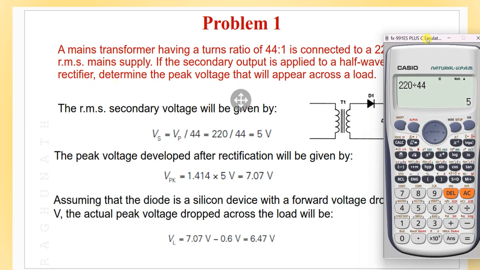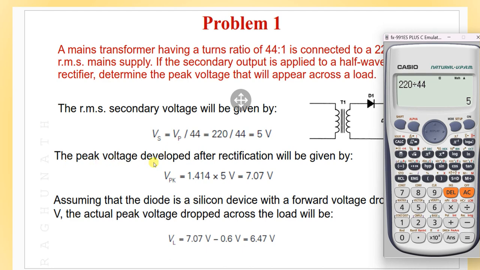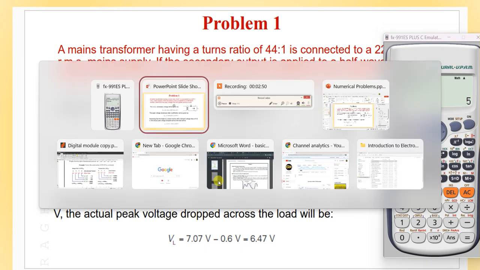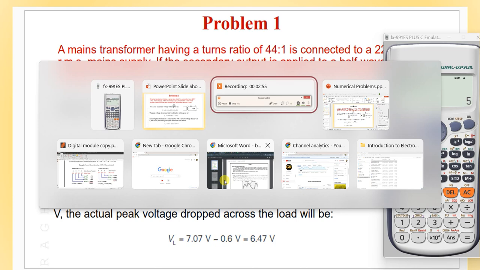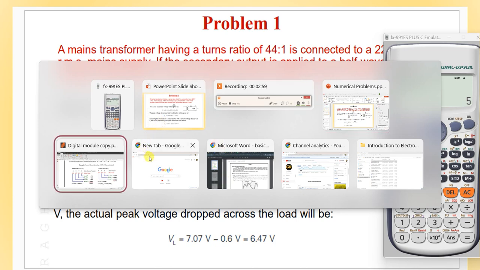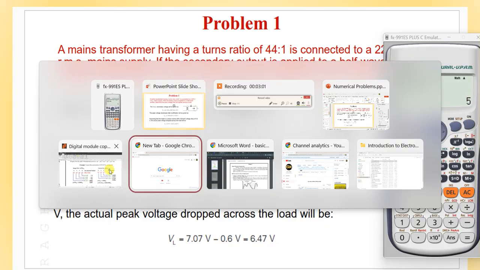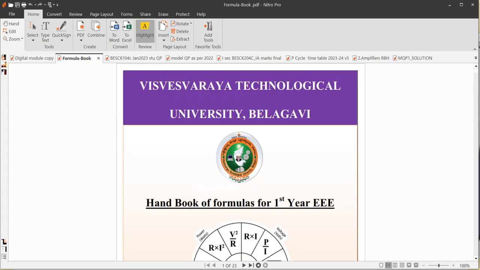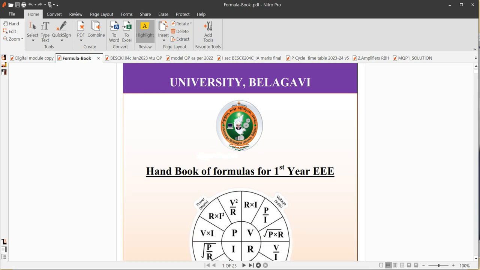After that, the peak voltage of rectification is given by root 2 times 5 volts. You can see the formulas in the formula book, which you can get in the exam hall.